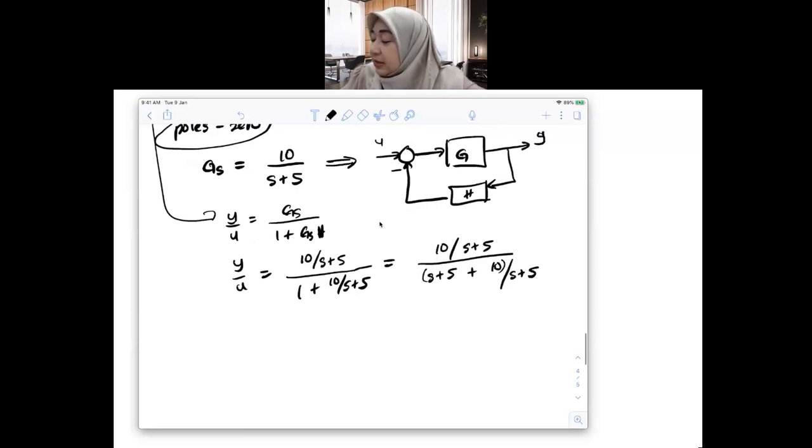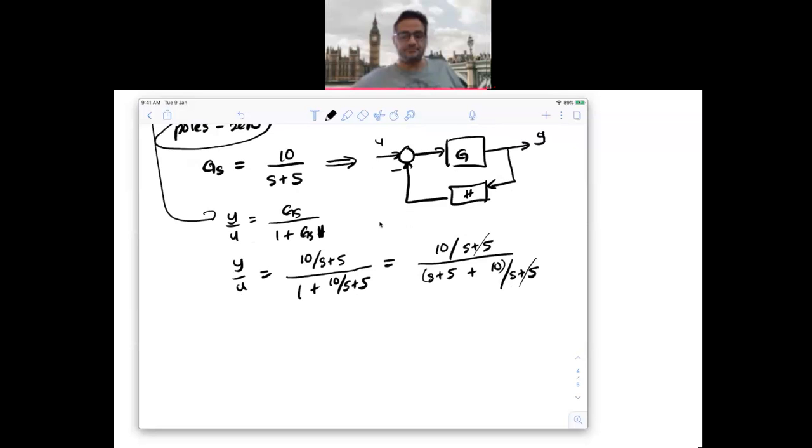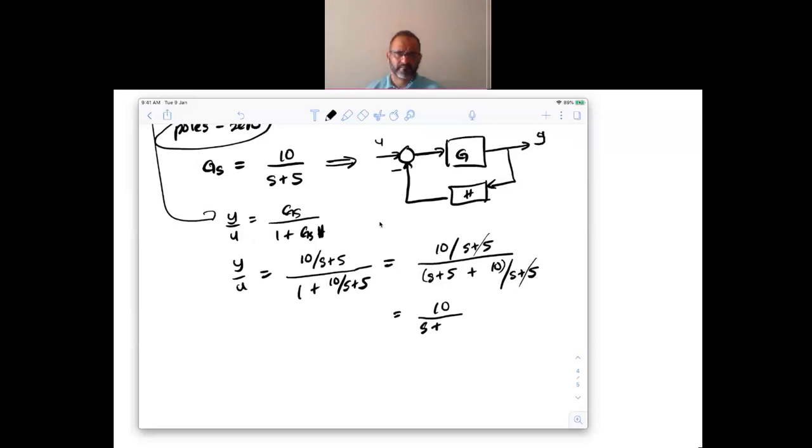Yes, I just want to show. If I cancel top and bottom, they give me 10 over s plus 15. That's why we have our characteristic equation just now, s plus 15, isn't it?